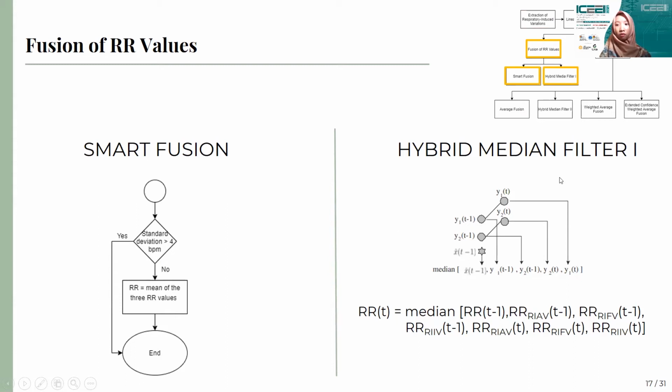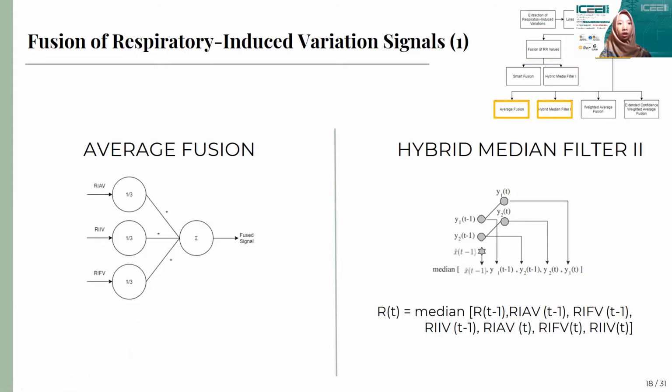The hybrid median filter comes from a different topic. It was previously used to fuse heart rate values from several devices. Here we calculate the RR value using the median of the RR value at the present segment, at the previous segment, and the estimated RR in the previous segment.